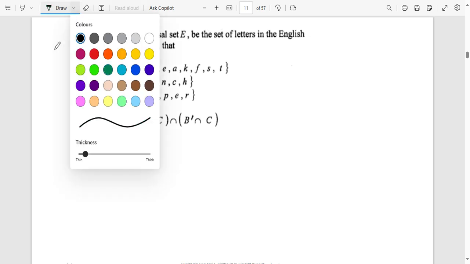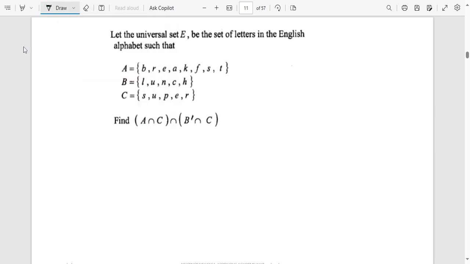Okay, I would have ended the class a long time ago, but I just want you to be familiar with a lot of questions. Let the universal set E be the set of letters in the English alphabet such that you've been given those.